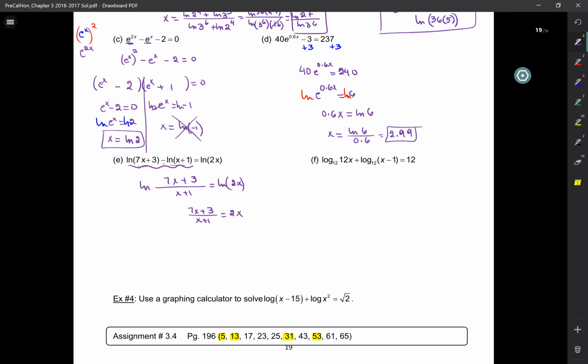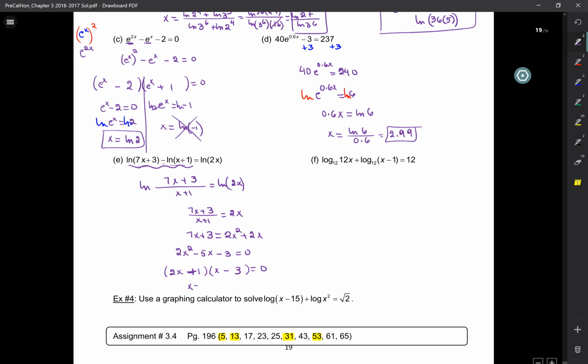Let's cross multiply. 2x times x plus 1 is 2x squared plus 2x. So 2x squared minus 5x minus 3 is equal to 0. Let's factor this. 2x and x plus 1, minus 3.